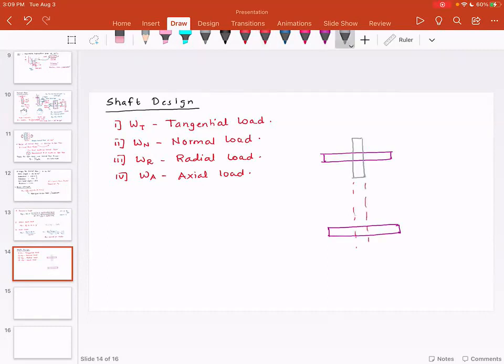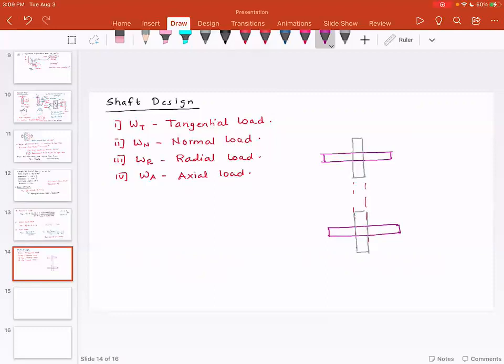So we have the front view and we have the top view. So you would notice in the top view, I'm gonna have the tangential load, and in the front view, I'm gonna have a radial load.